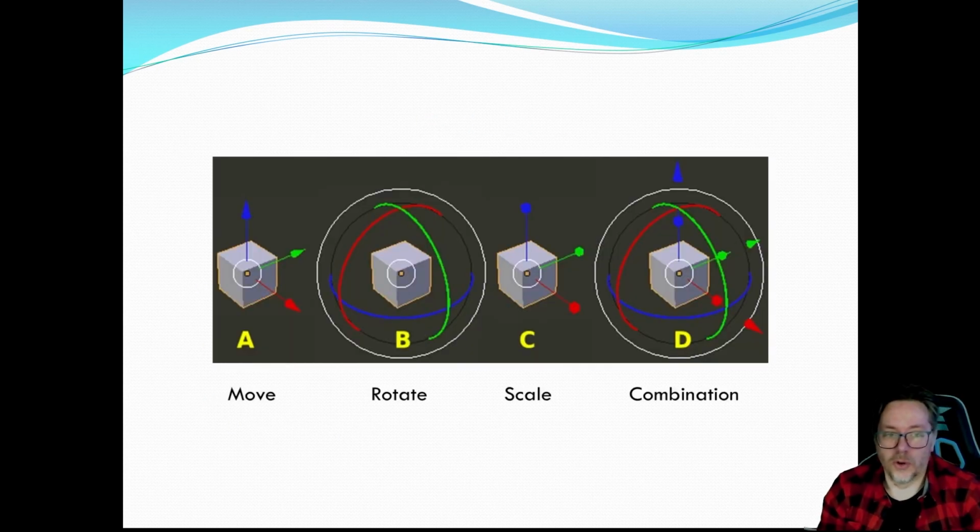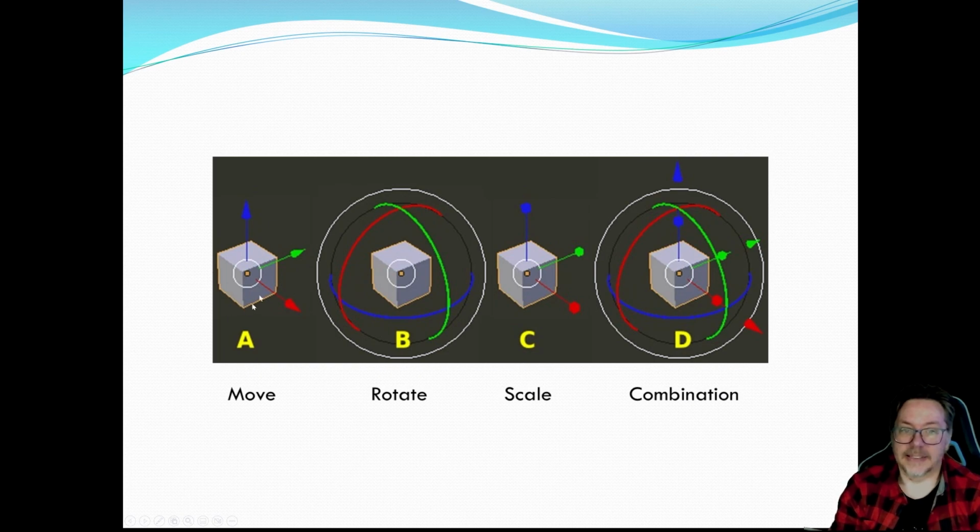So we've got move, and that is the gizmo, and that is the technical term for it. It is called a gizmo. And that is the move gizmo, and it gives you these arrows.